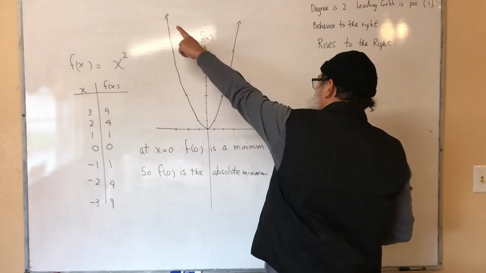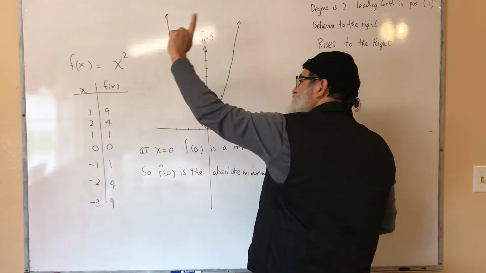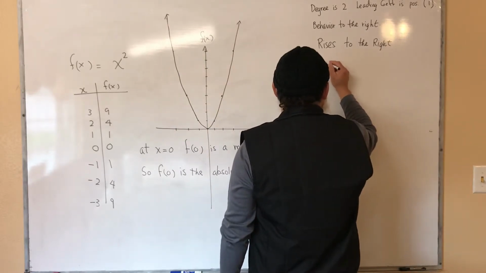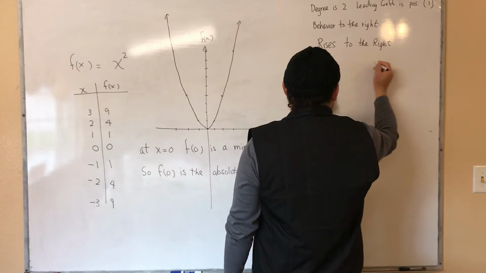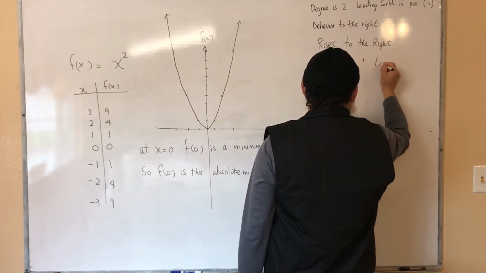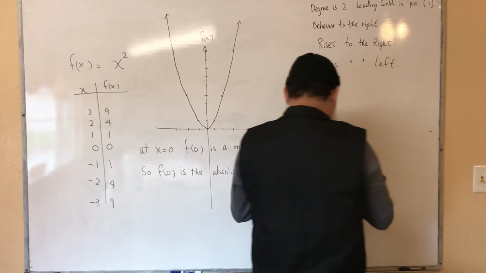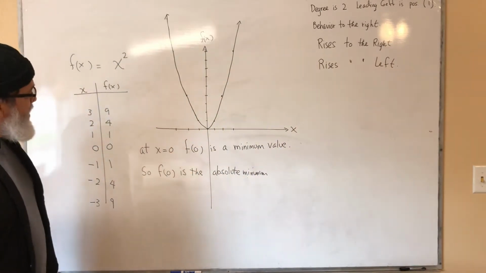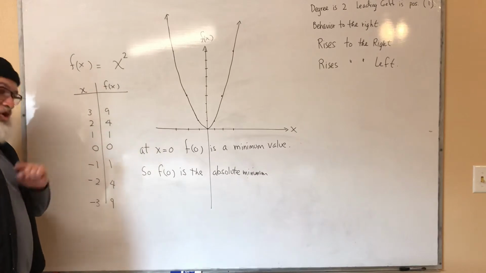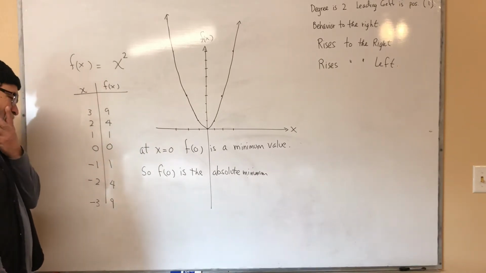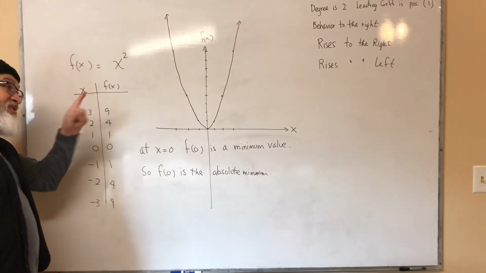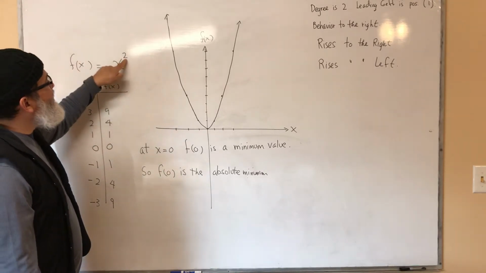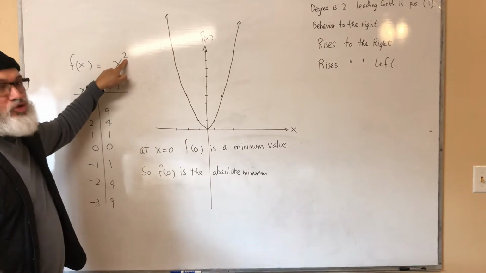Look at that. It also rises to the left. Okay. So this function is of even degree. 2 is even.